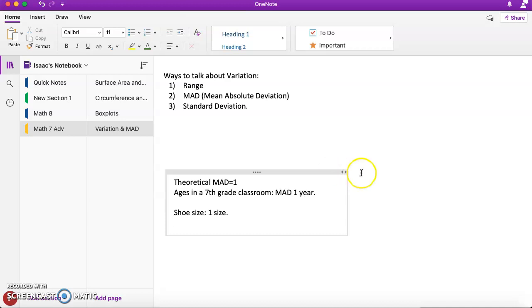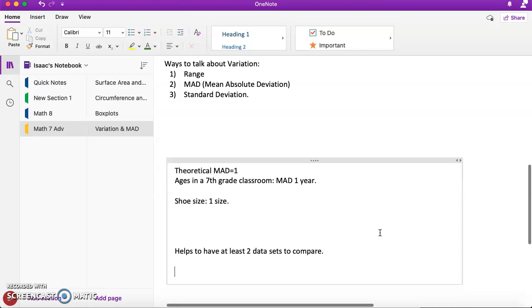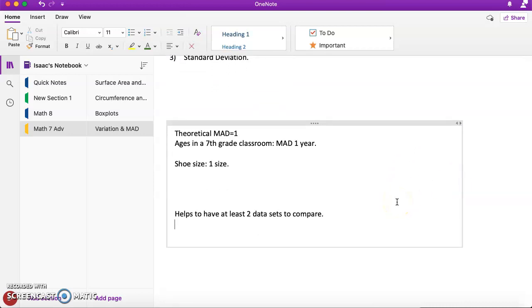Oh, one more thing. I almost forgot. Another thing we need in mean absolute deviation, well, we don't need it, but it helps a lot, is at least 2 data sets to compare. So let's say at the shoe store scenario, I'm trying to figure out the mean absolute deviation of shoe sizes because I need to know just how spread out the shoe sizes are in this city where I'm selling shoes, and I get a mean absolute deviation of two sizes.